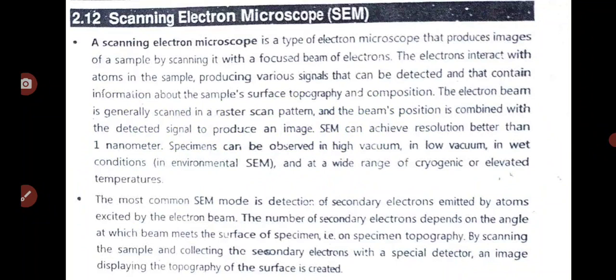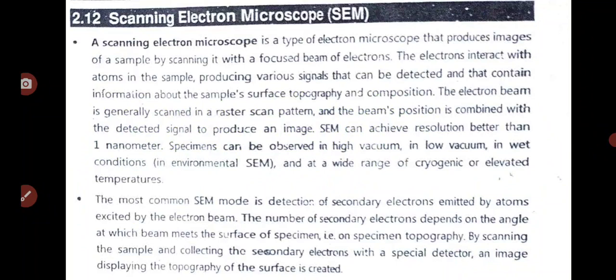In scanning electron microscopy, the beam position is combined with the detected signal to produce the image. The scanning electron microscope has very high resolution, better than 1 nanometer.